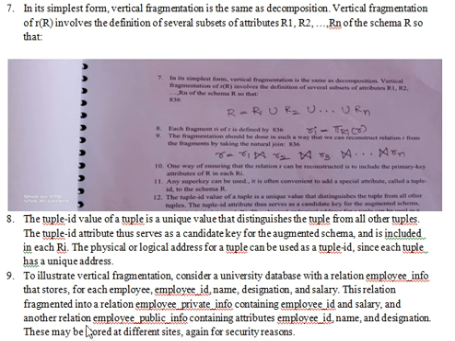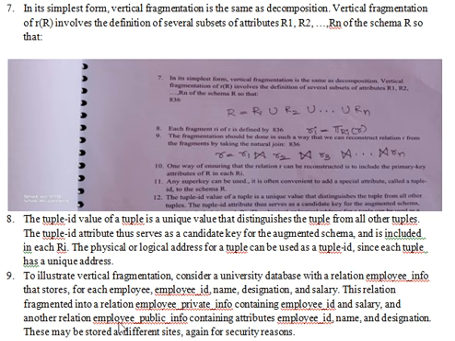Now this relation is fragmented based on these attributes, vertically, so that's why it is fragmented based on these attributes. This relation is fragmented into one more relation, employee_private_info, and one more relation below it, employee_public_info. The relation employee_private_info contains employee_ID and salary. Only ID and salary they are taking in the private employees' information.